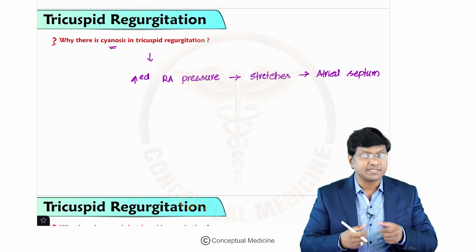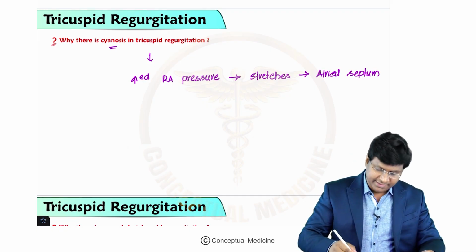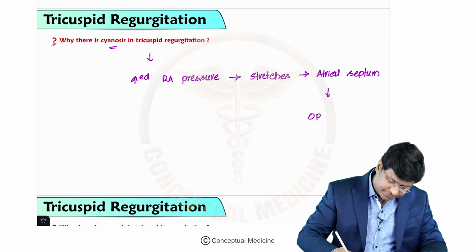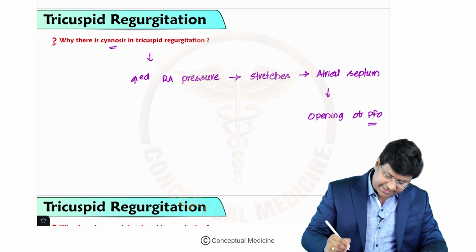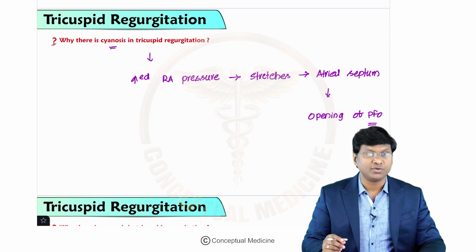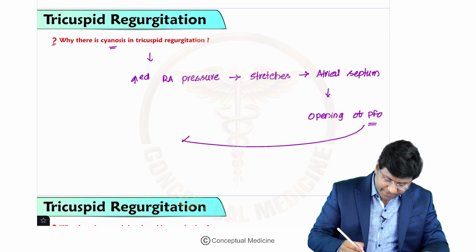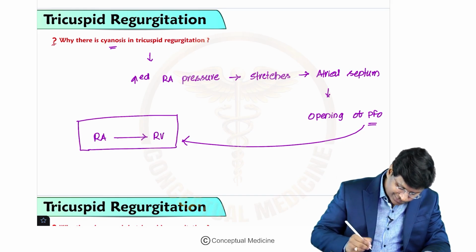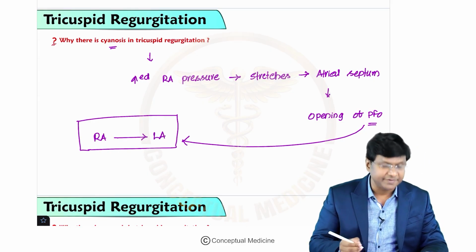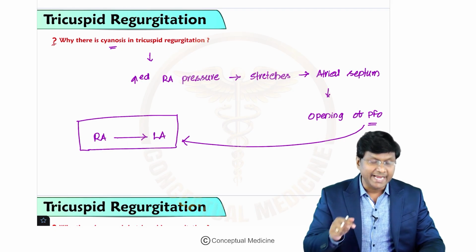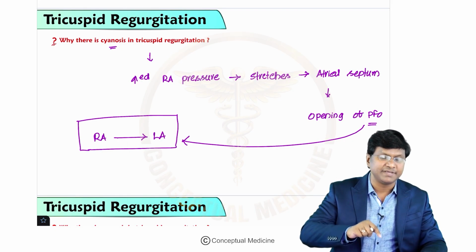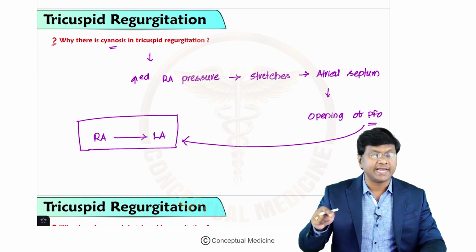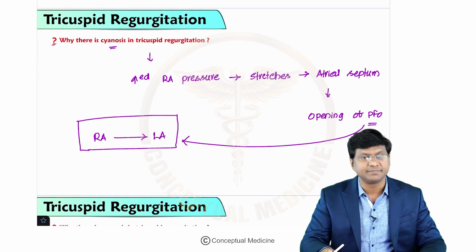Once the septum is stretched, the patent foramen ovale opens. The blood from the right atrium then enters the left atrium through the patent foramen ovale, so the deoxygenated blood mixes with the oxygenated blood and enters the systemic circulation, and the individual develops cyanosis.